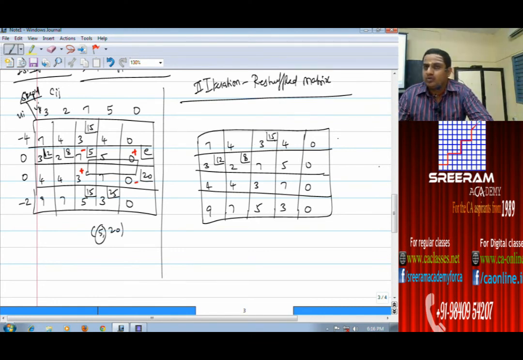E is 0. So 0 plus 5 will be 5 here. Here no allocation was there. Now it will become 5. Here 20 minus 5, 15. 15 and 25. Can check it. The 12, 8, 20, 35, 25, 20. 15, 20, 25, 20 and 40.